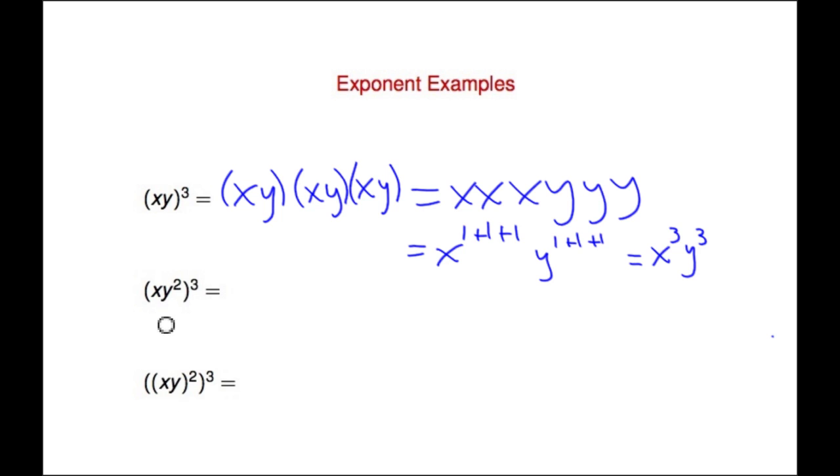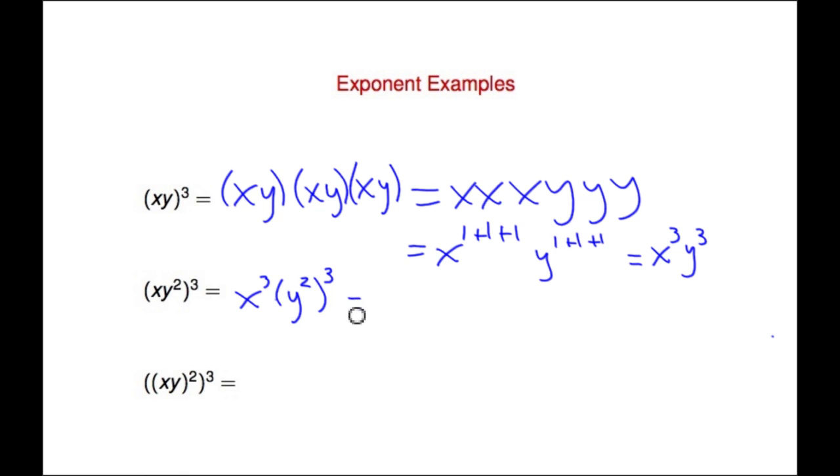Okay, so keeping this in mind, what we're going to do is cube each of these pieces. Just like we did here, we had an x and a y, and we ended up cubing both pieces. So we're going to take the 3 that's on the outside, and we're going to say, okay, we have an x being cubed, and then we have y squared being cubed.